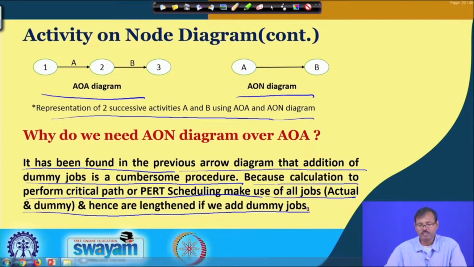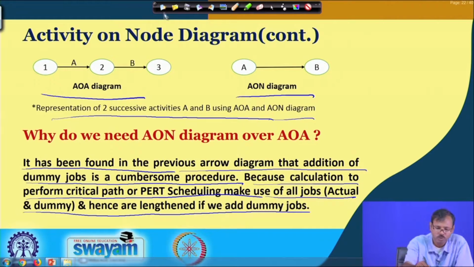So, that means the moment we are using a dummy job, we are lengthening the calculation process and creating a problem. Without that dummy job, it is very easy for a person to calculate it, or the computer calculation time may be reduced as the number of jobs is getting reduced.